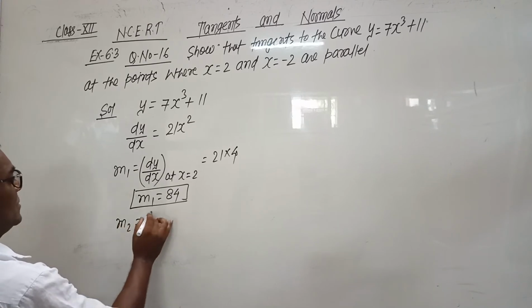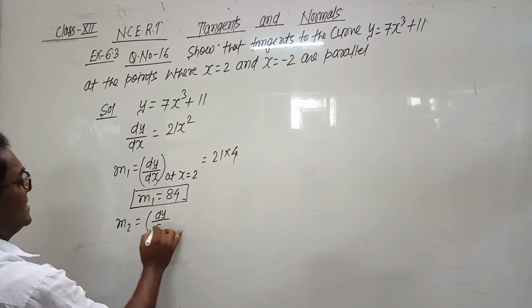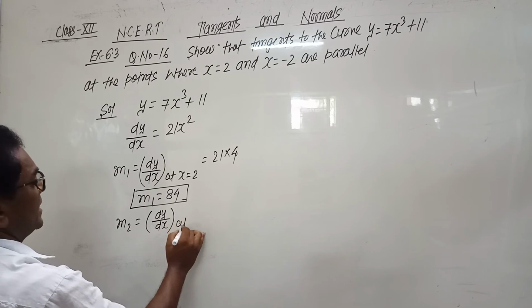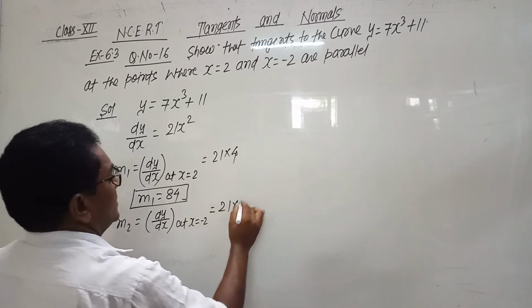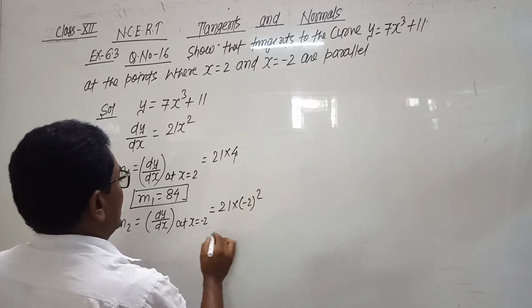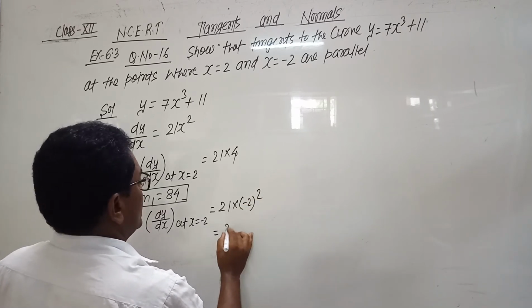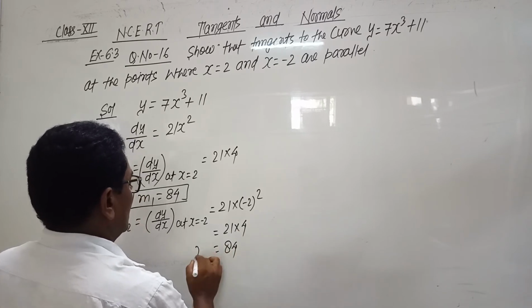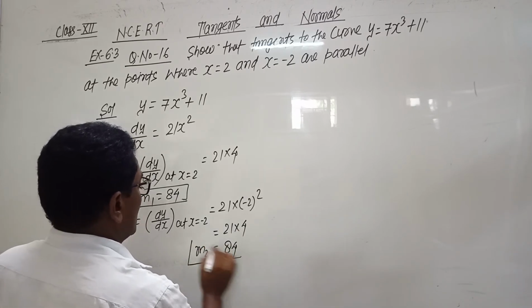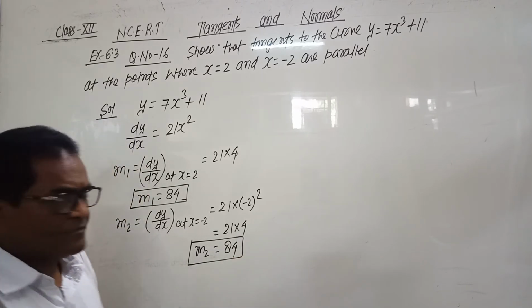So m2 equals dy by dx at x equals minus 2. So this is 21 into minus 2 the whole square, means 21 into 4. Again it comes to be 84. So the value of m2 also comes to be 84.